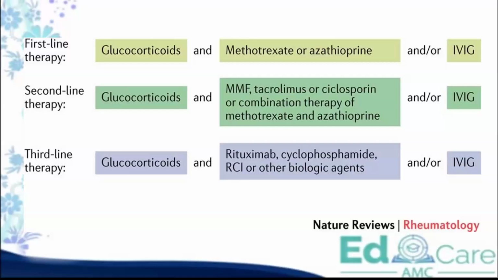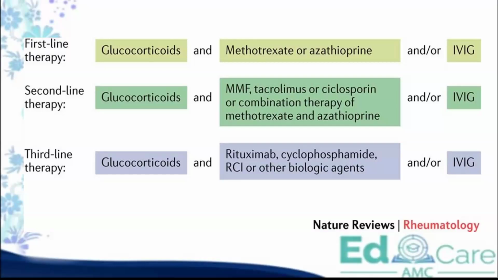So treatment wise, whether it's first, second, or third line therapy, all of it needs glucocorticoids. So you need steroids at any stage to treat this because it's an autoimmune disease. Any autoimmune disease will need steroids.